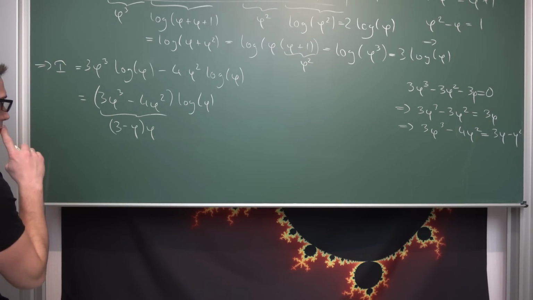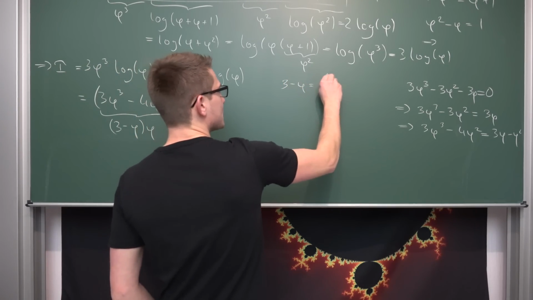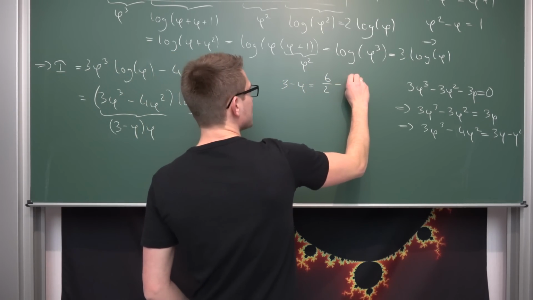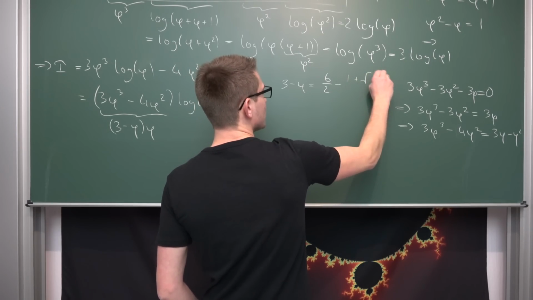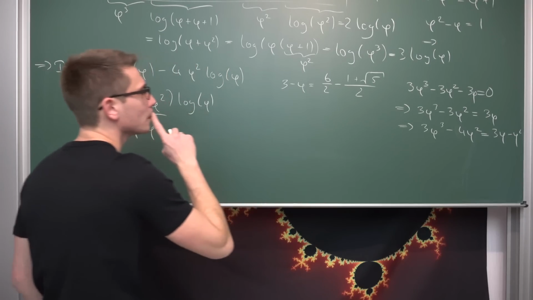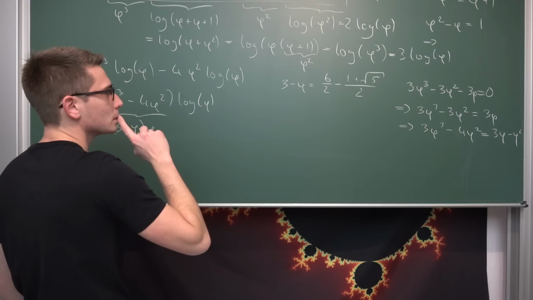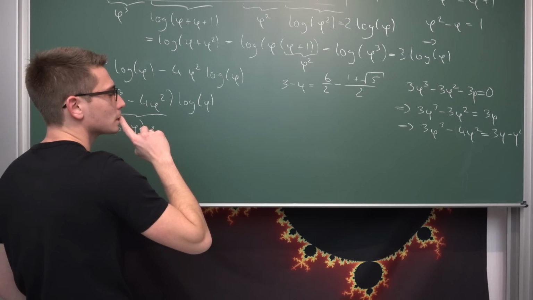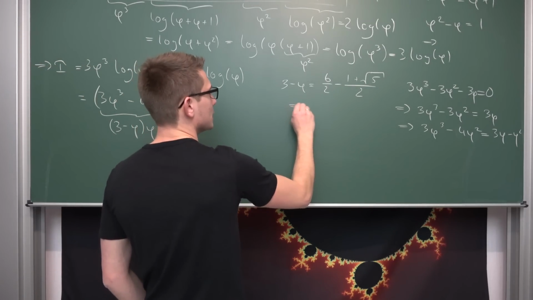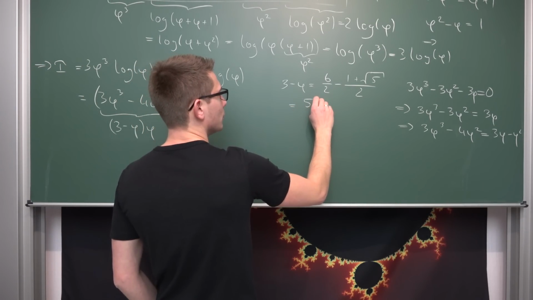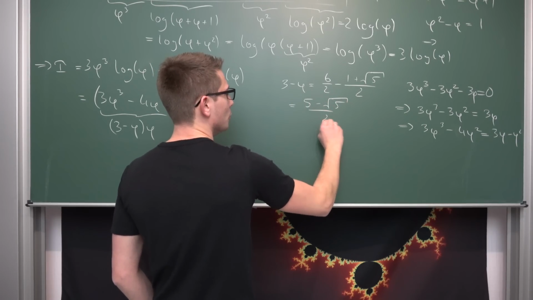This is pretty good. Okay, 3 minus φ is going to be 6 over 2 minus (1 plus square root of 5) over 2. So this right here is (5 minus square root of 5) over 2.